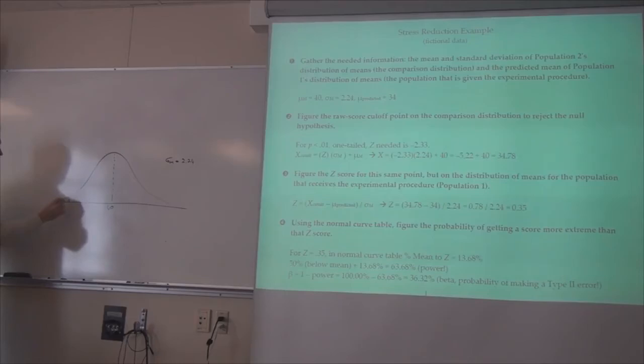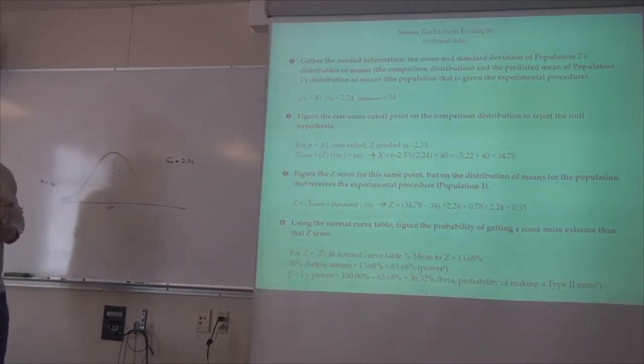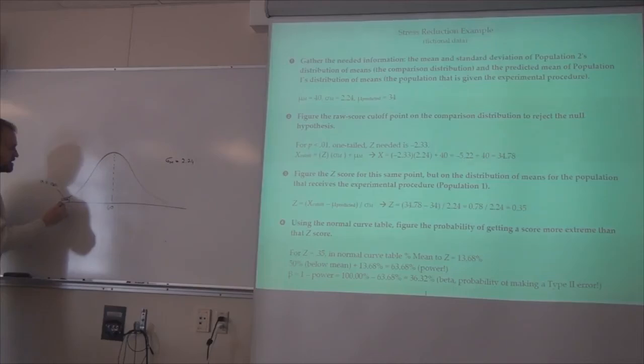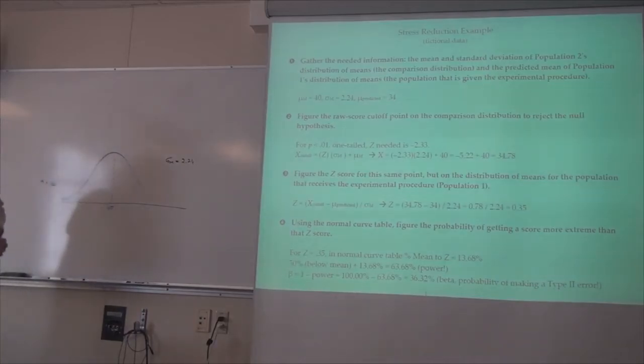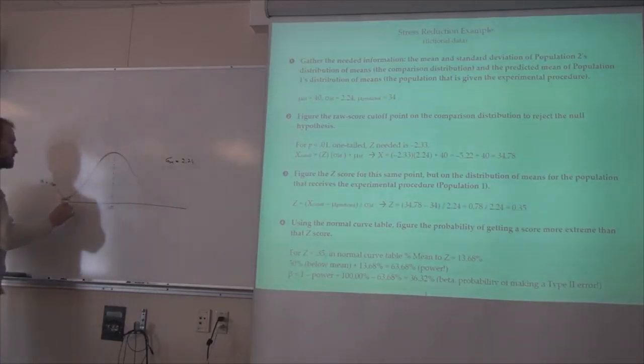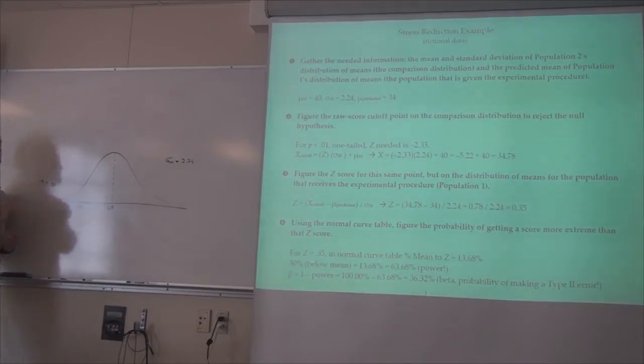That's my cutoff, so that this little region here is 0.01, and that's alpha. So that gives me a z-score here of negative, when I look it up, negative 2.33, way out there. I want to be nice and extreme before rejecting the null hypothesis.